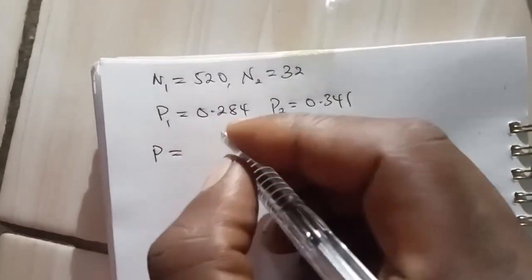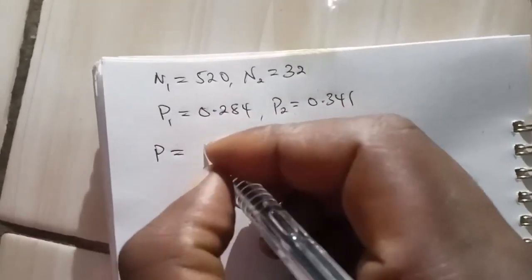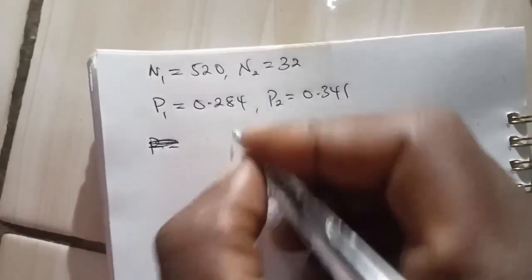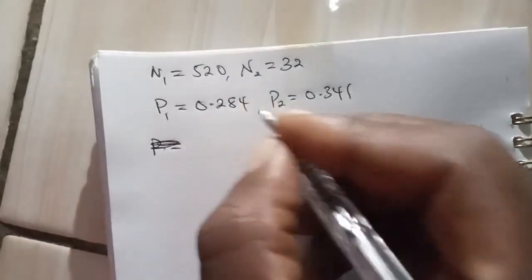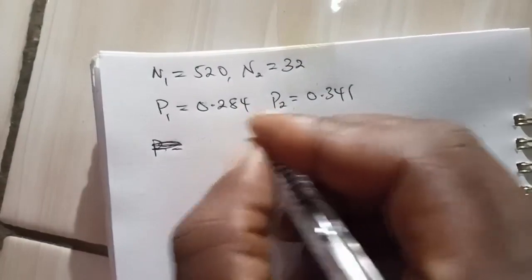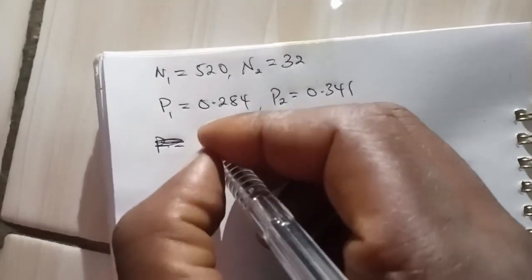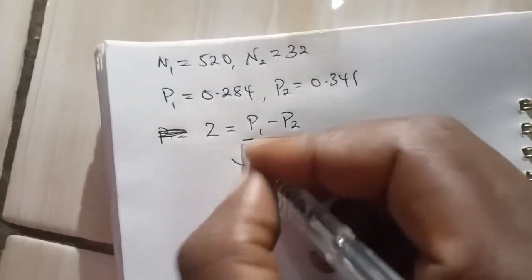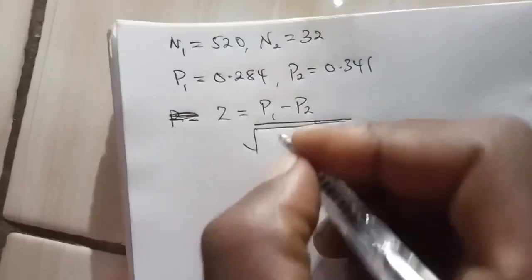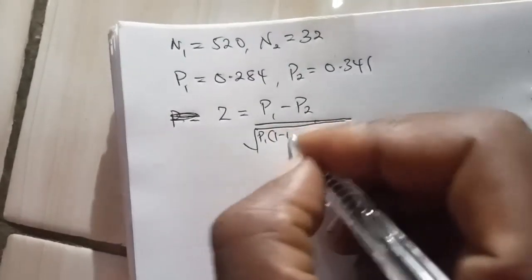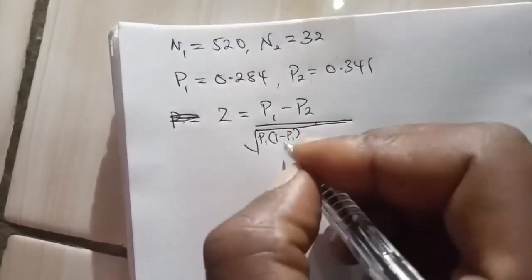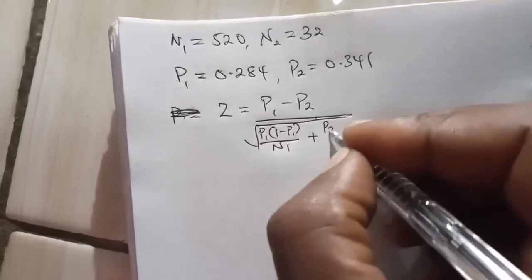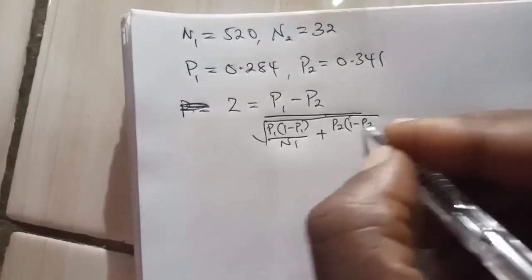Remember that for us to get P, let's just go straight and use the other formula instead of combining, because there are two formulas you can use. We have that Z is equal to P1 minus P2 over square root of P1 into 1 minus P1, which is Q, over N1 plus P2 into 1 minus P2, that's Q, over N2.